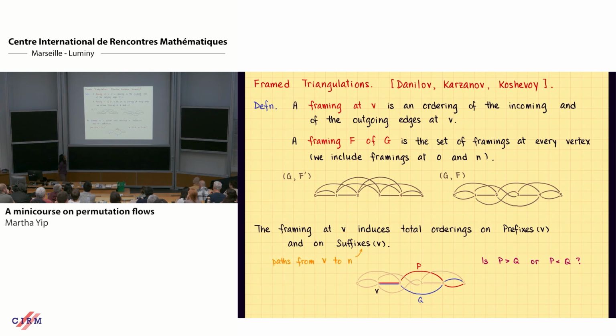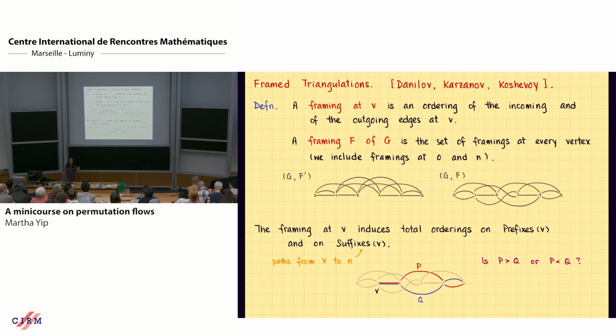Okay, so Danilov, Karzanov, and Koshevoy came up with a combinatorial method to produce many triangulations of the flow polytope, which depends on something called a framing. For each vertex V, a framing is just an ordering of the incoming edges into V, and then separately an ordering on the outgoing edges of V. Once I have a framing at every single vertex, a framing of G is the set of all framings at every vertex collected together.